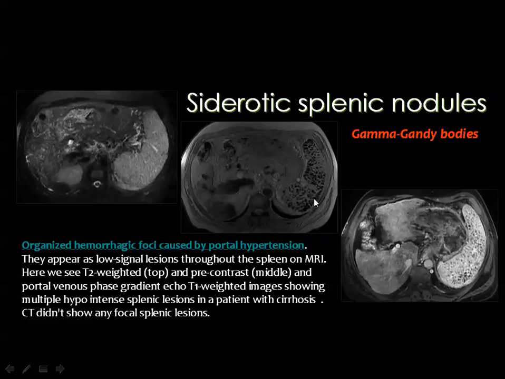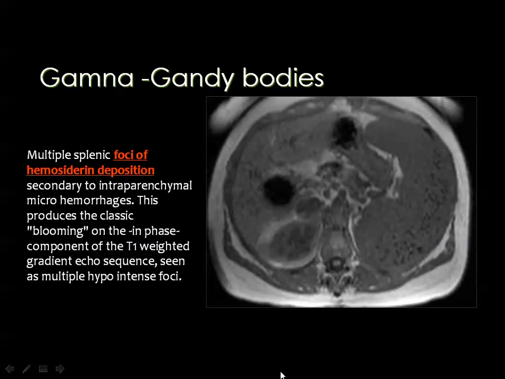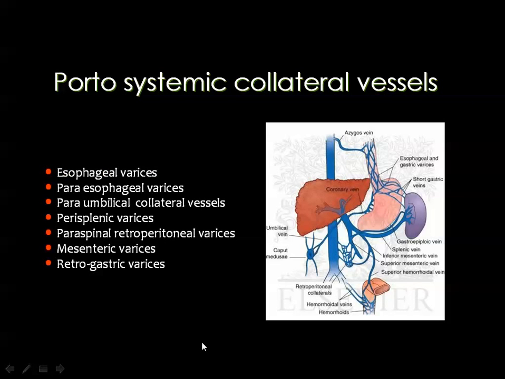And this is a severe example of siderotic splenic nodules with too many low signal nodules scattered throughout the splenic parenchyma. And this is a case of liver cirrhosis and splenomegaly with multiple siderotic nodules seen in the splenic parenchyma.